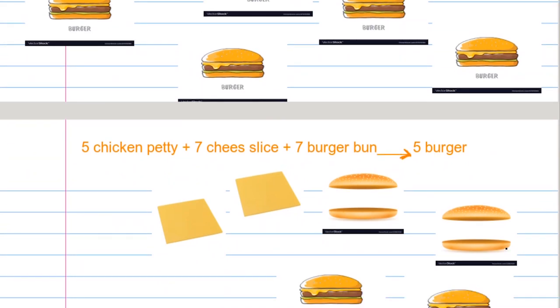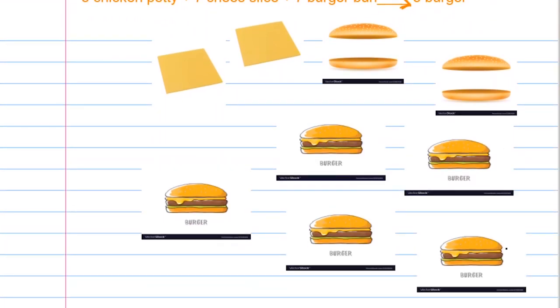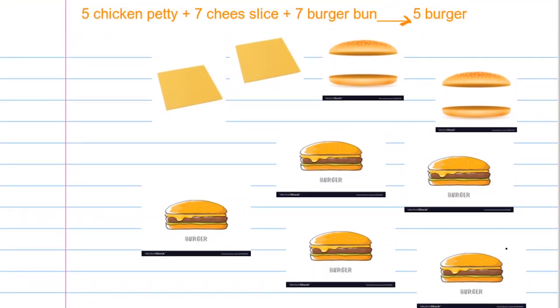If we have 5 chicken patties, 7 cheese slices and 7 burger buns, then we will prepare 5 burgers, and 2 cheese slices and 2 burger buns will be left behind.